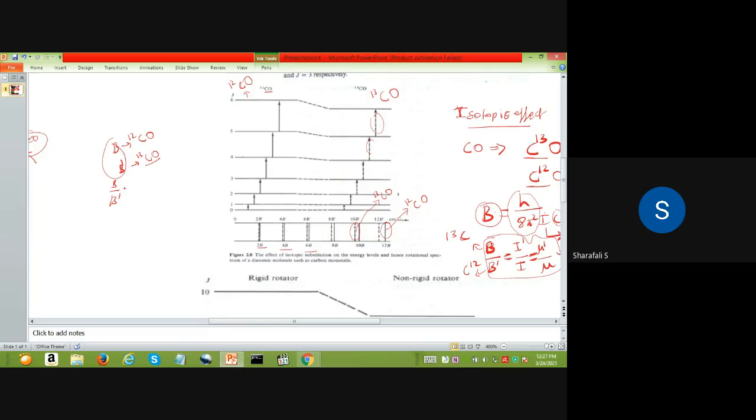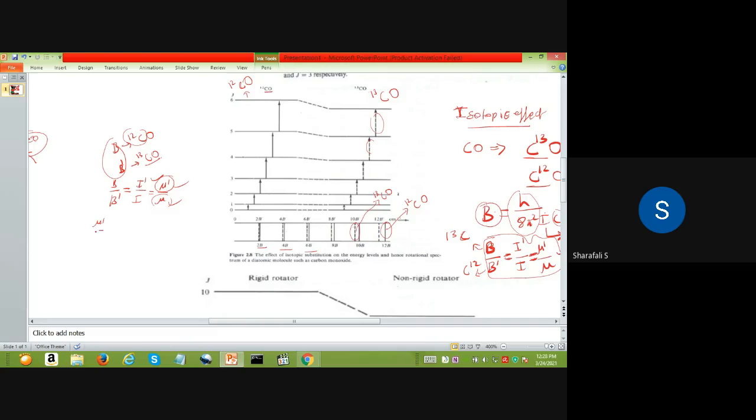This can be equated with I dash by I. From that you can get the moment of inertia associated with carbon monoxide with carbon 13. Then that can be equated with your reduced mass, mu dash by mu, and you can find out what this mu dash is compared to this. If you know the carbon 12 mass and you know what mu is, you can find out.